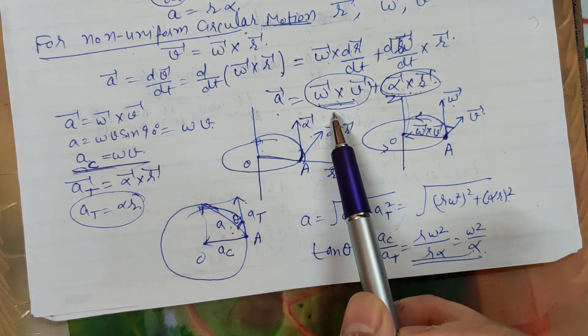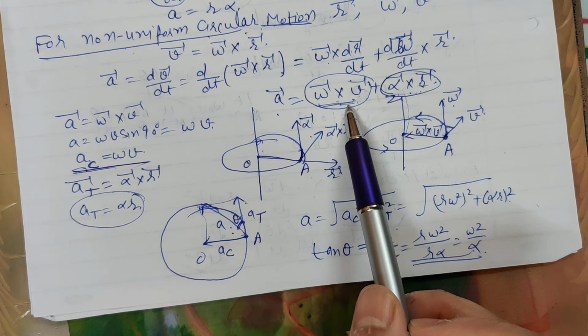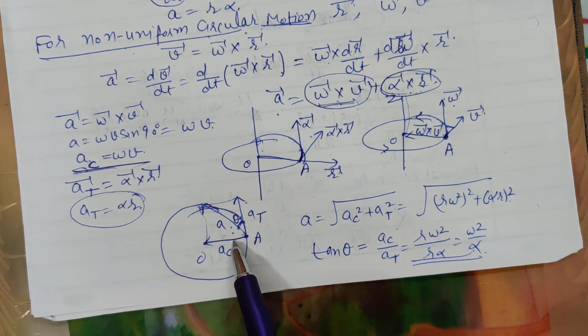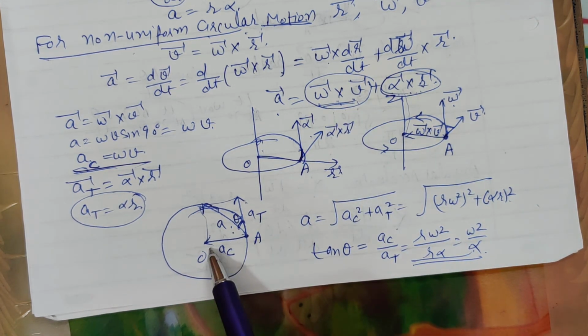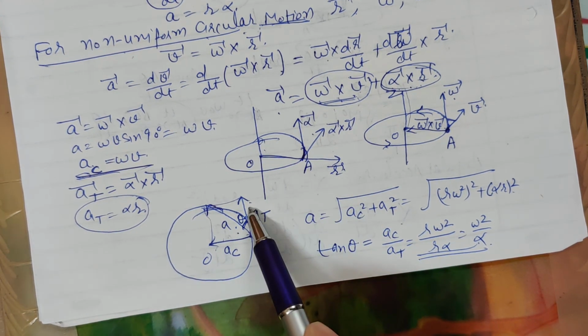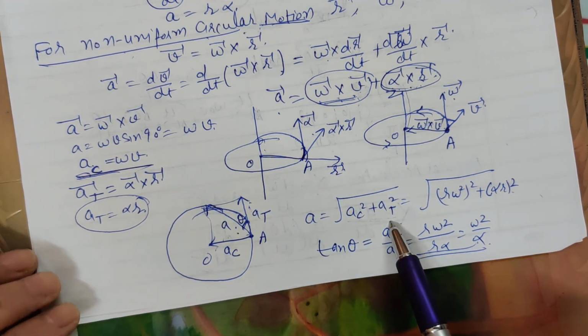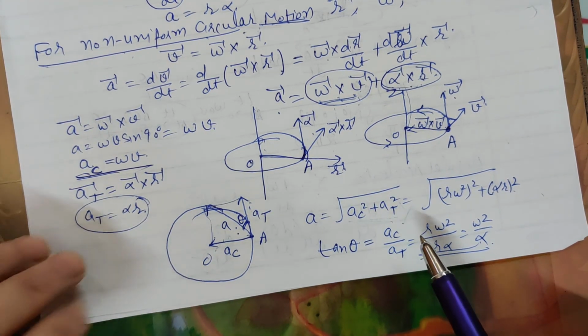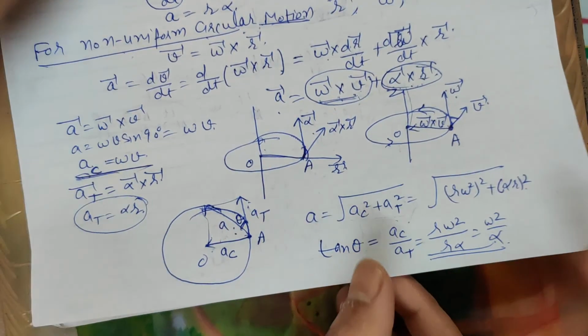One is the centripetal or radial acceleration, because it acts along the radius towards the center, and the second is the transverse component, along the tangent. This is the total acceleration for a non-uniform circular motion.